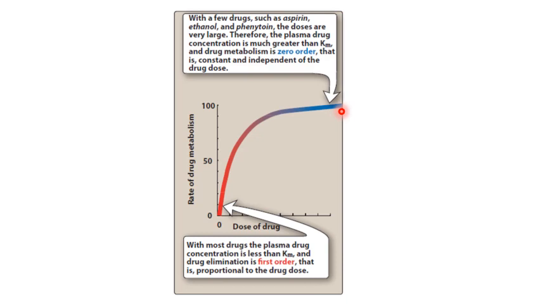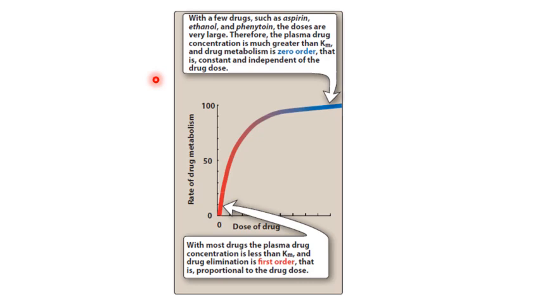Examples of drugs that can reach zero order kinetic process are aspirin, ethanol, and phenytoin. The doses are very large, therefore plasma drug concentration is much greater than the Km value, and drug metabolism is zero order, that is constant and independent of the drug dose.